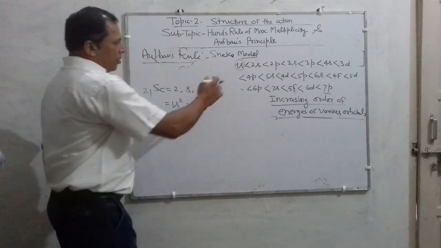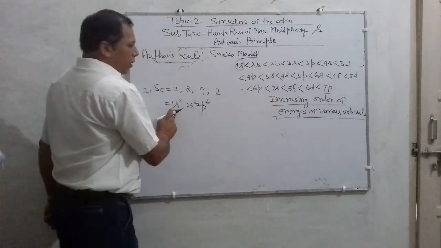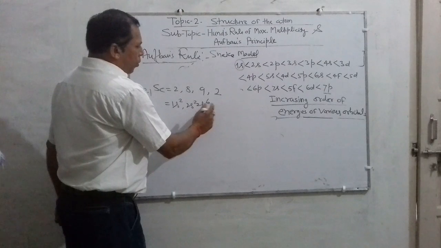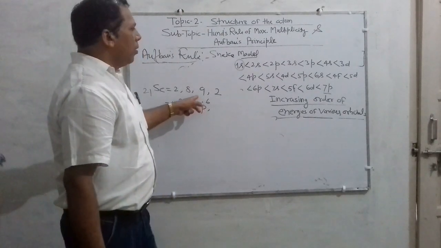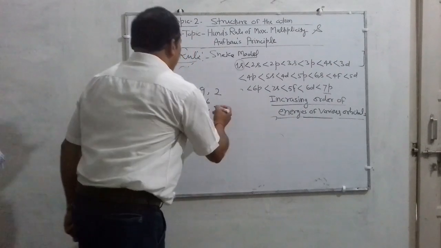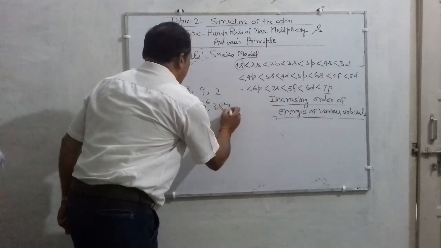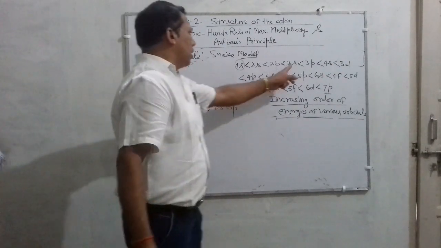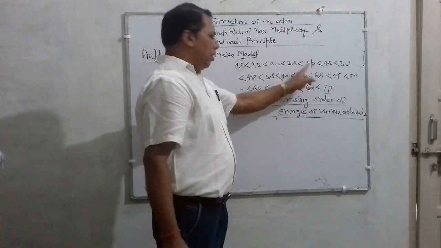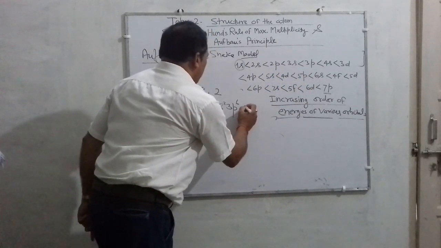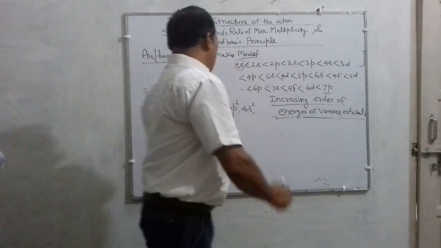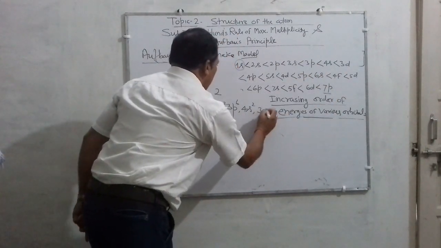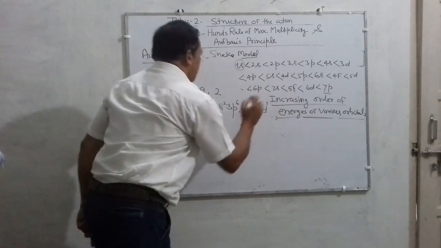Okay children, following this order, first 1s is filled, then 2s, then 2p, and now 9 electrons in the third shell. Following this order, it will be 3s2 and 3p6. Then 4s is coming, 4s2, and then 3d, so next will be 3d1.